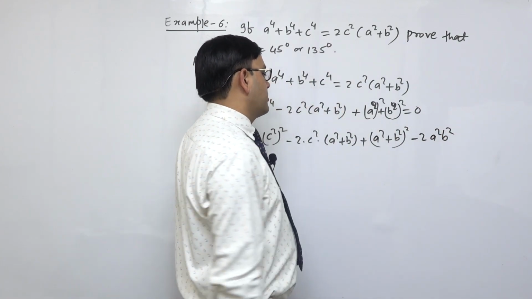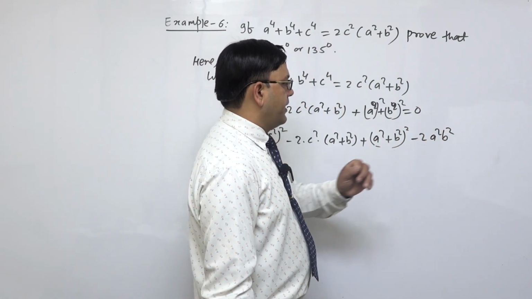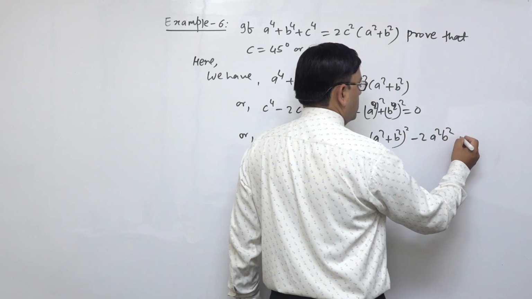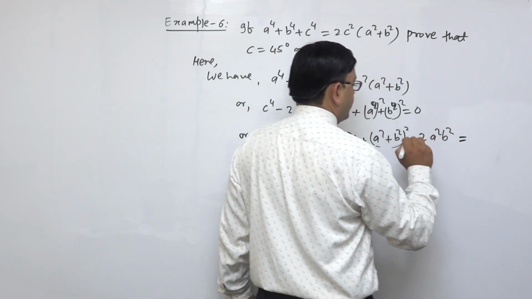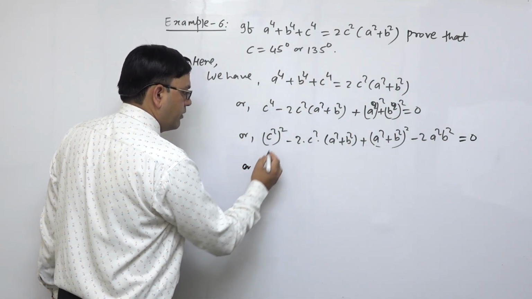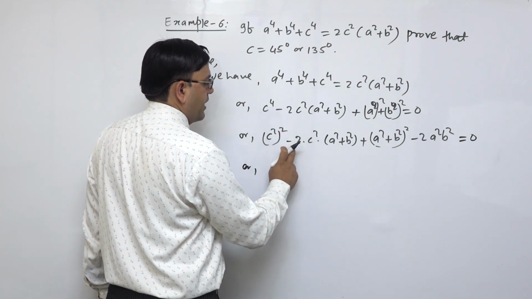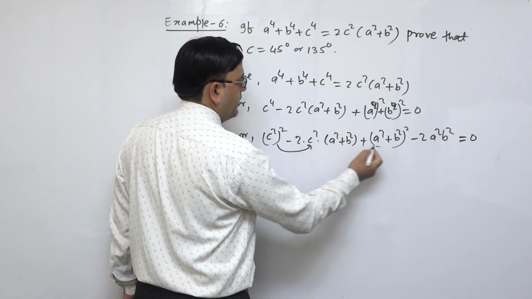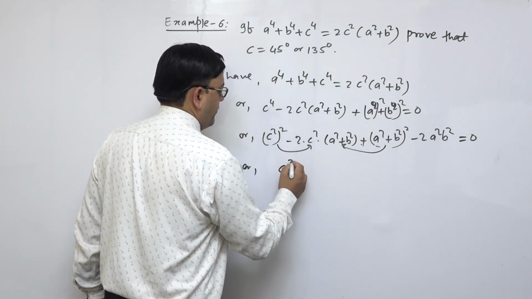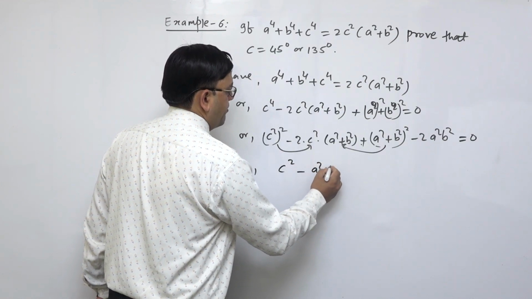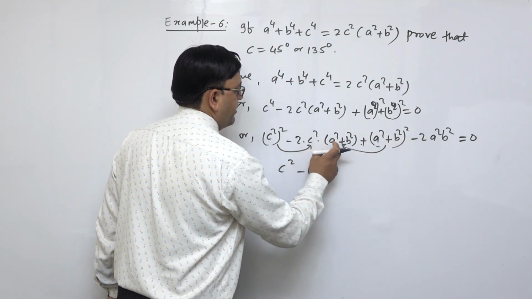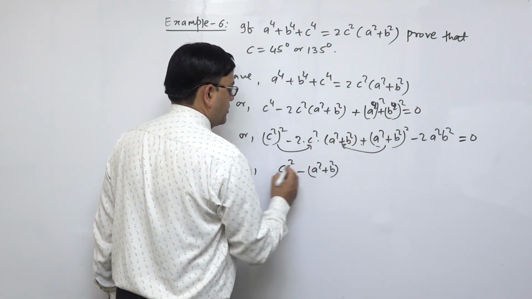So this is in the form of a square minus 2ab plus b square, which means a minus b whole square.